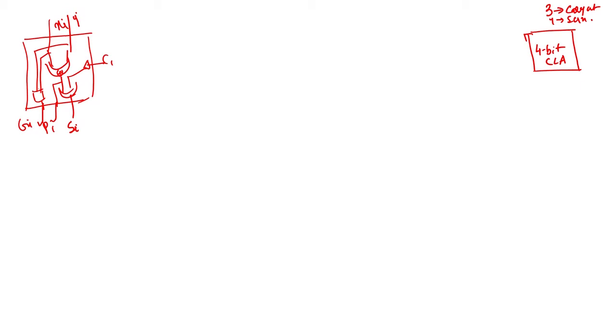Now, this is a 4 bit CLA. It takes C0 and outputs C4. That C4 will be connected with another 4 bit CLA, which will give C8.